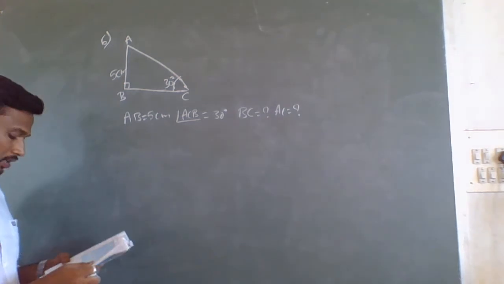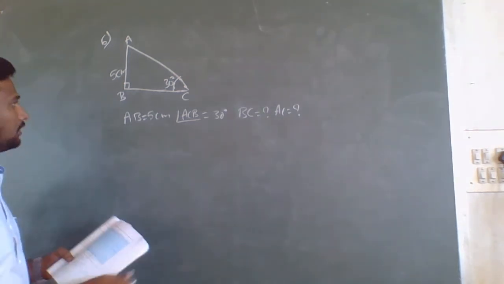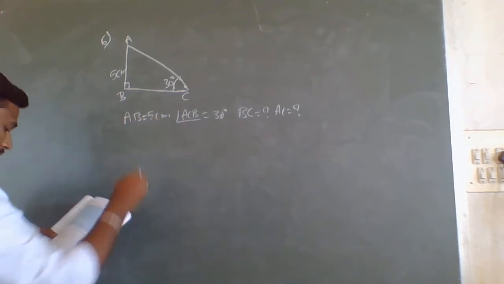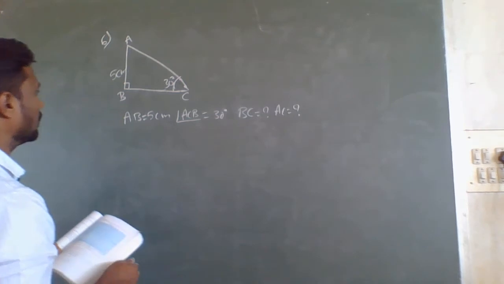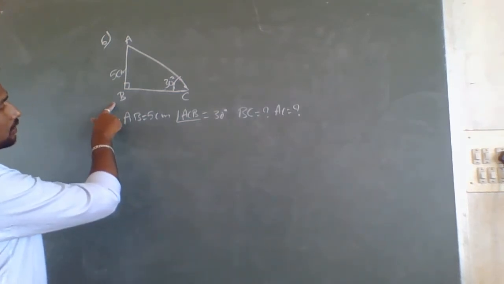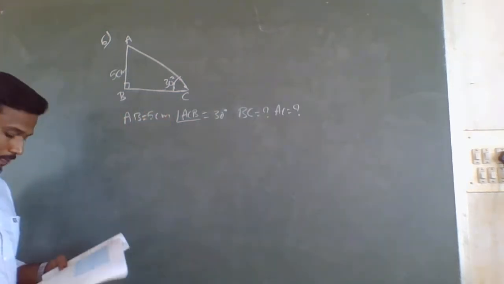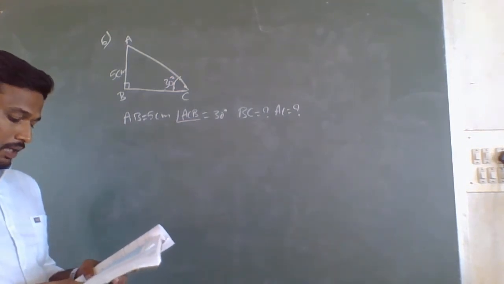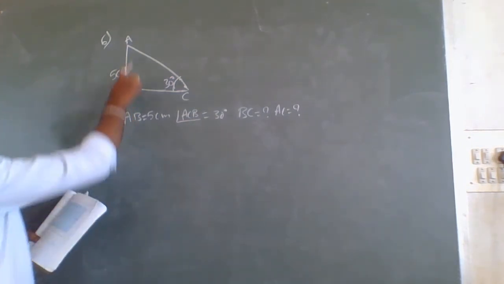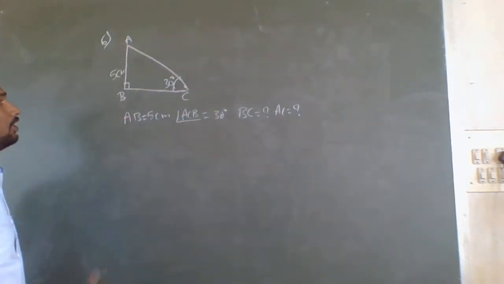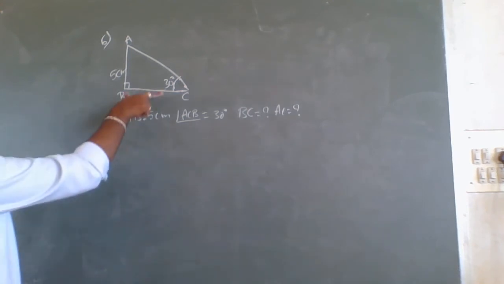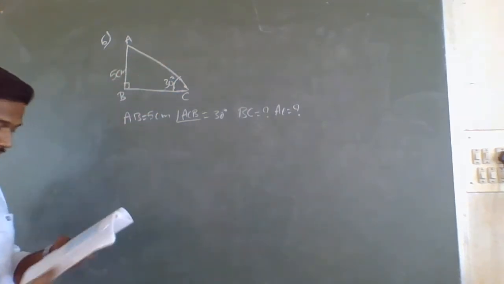So here, to find the length of side BC, we will choose trigonometric ratios involving BC and the given side AB. To find the length of this BC and AC, what will we do here? We will consider trigonometric ratios which involve sides BC and AC.